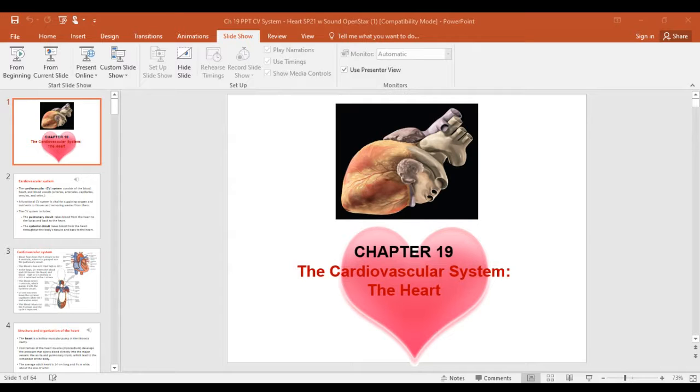So there's a right atrioventricular valve and a left atrioventricular valve. The right atrioventricular valve is the tricuspid valve. The left atrioventricular valve is the bicuspid, also called the mitral valve.